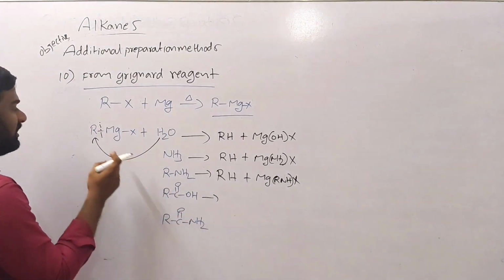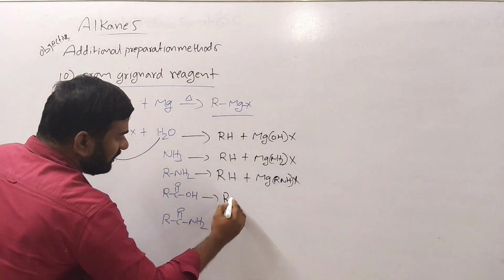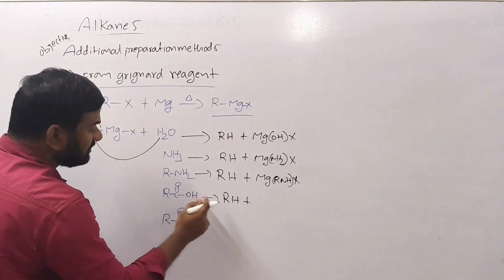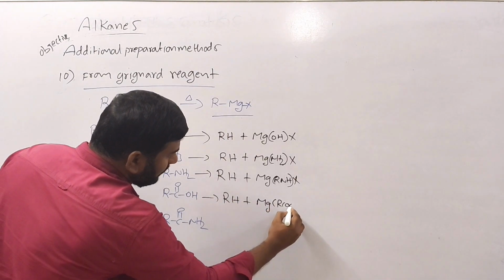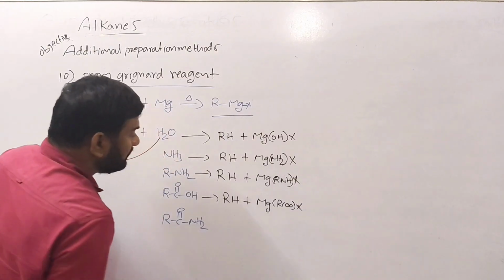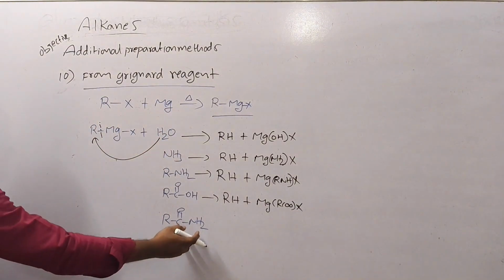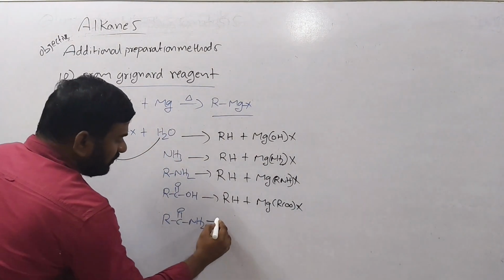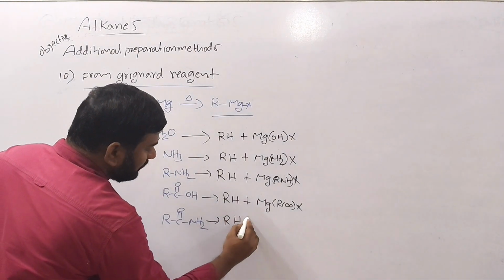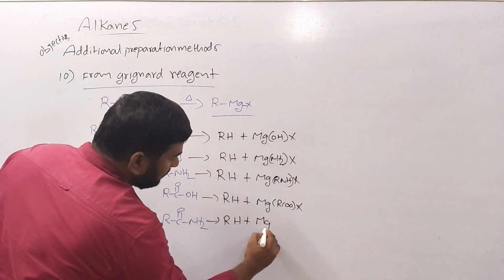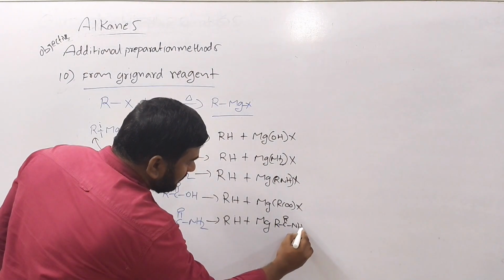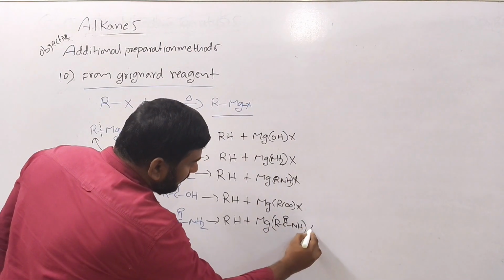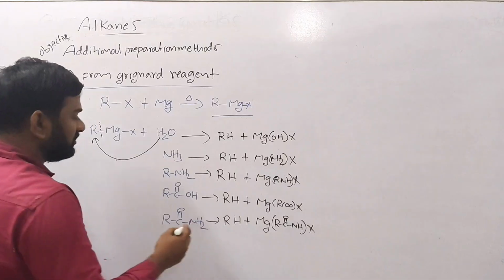Here also this H is added to the R, giving RH plus RCOOMgX. Next, one hydrogen is added to the R, so we get RH and Mg(RCONH)X. In this way you will get the products.